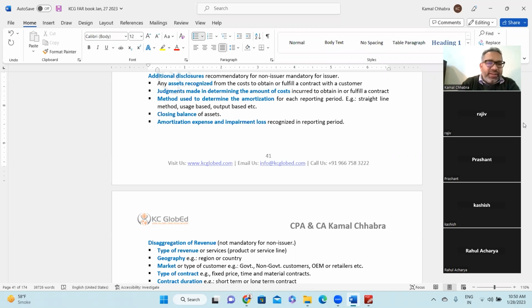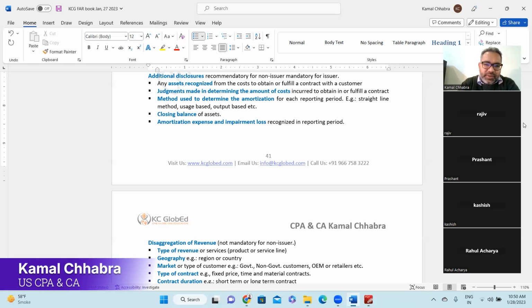Contract asset, we can recognize the amount we spend specifically to obtain that contract, like tender fees, legal fees, agreement drafting fees, right? That we have discussed.